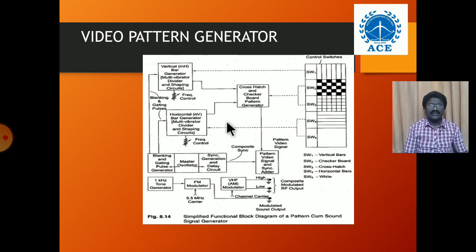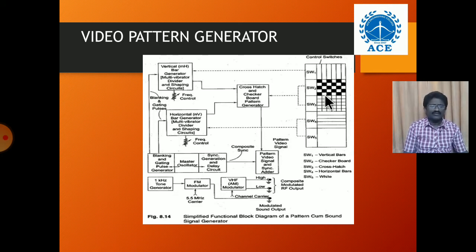Similarly, square wave pulses derived either from the 50 Hz mains or from the master oscillator are used to trigger another set of multivibrators to generate square wave video signals that are n times the vertical frequency. On feeding the video amplifier, these produce horizontal black and white lines or bars.